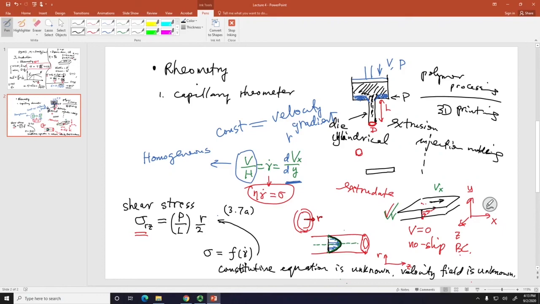Think about our dear simple shear here. We pray to God that no matter what viscoelastic material you gave me, I already know the velocity field. Well, by assumption, though. By convenience, by necessity.